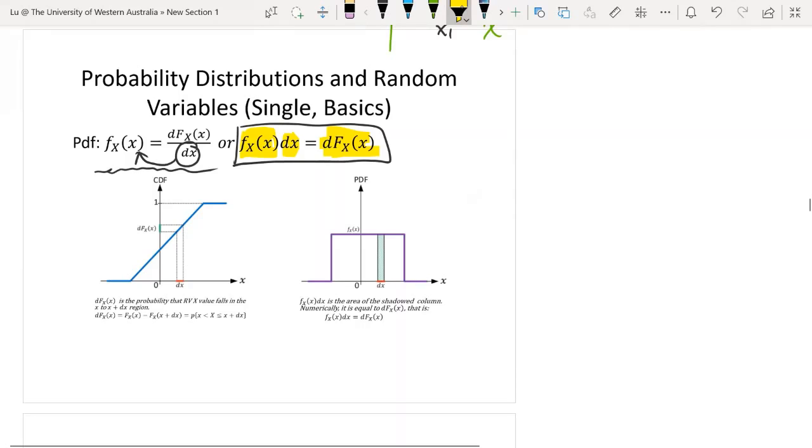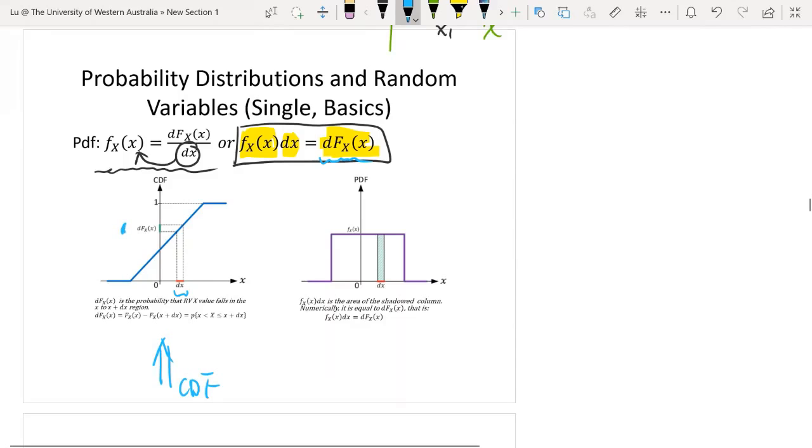In the CDF curve, this is the CDF curve for the random variable capital X. The small change dFx is the change of the CDF function value when the parameter x is changed within dx. So this is a small dx change.